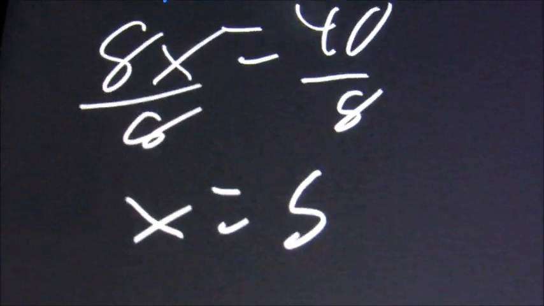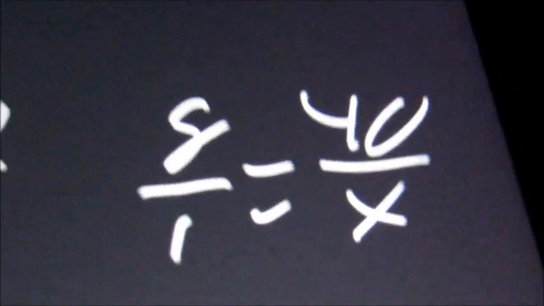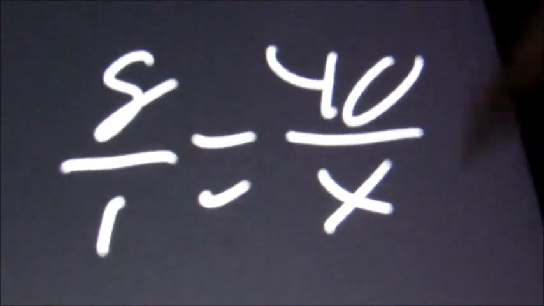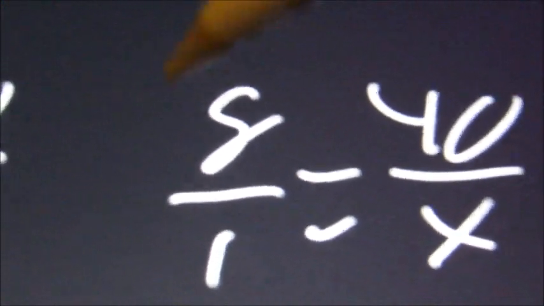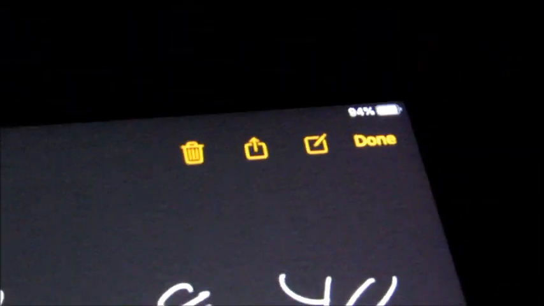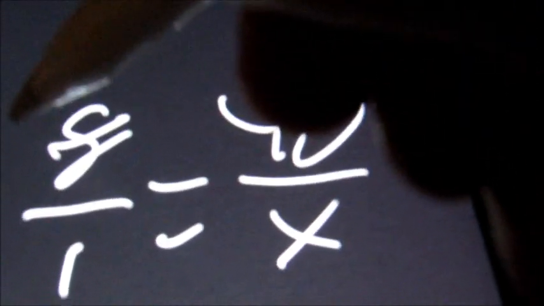Now, let's decide to simplify. We have 8 over 1 equals 40 over x. So I can't do anything top or bottom here, 8 and 1 and 40 over x, but I can simplify the two numerators. 8 will go into both of these. So this will become a 1, and this will become a 5.